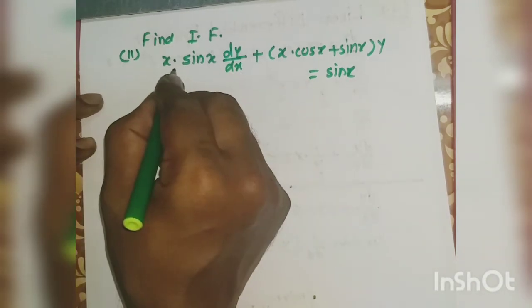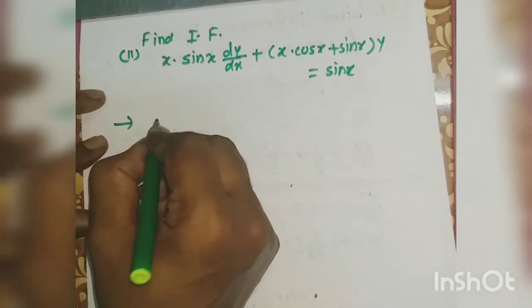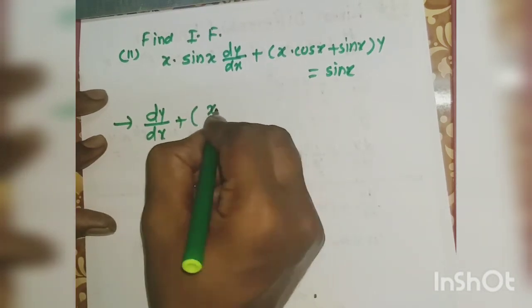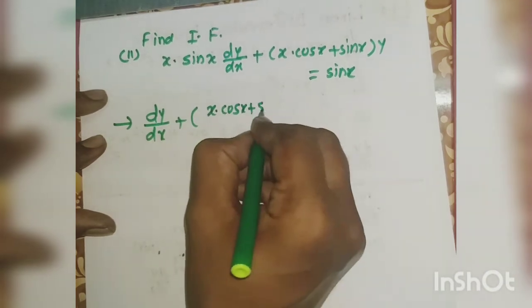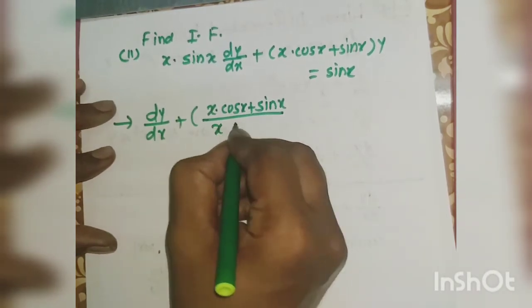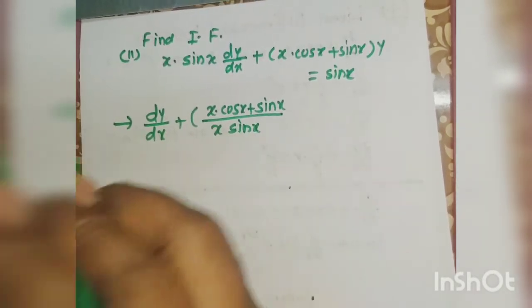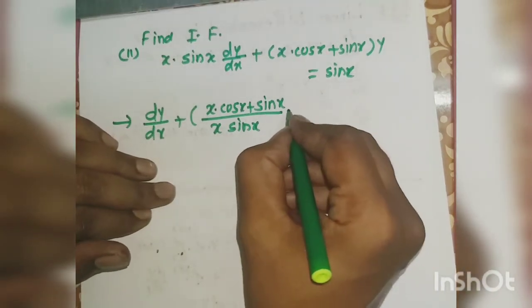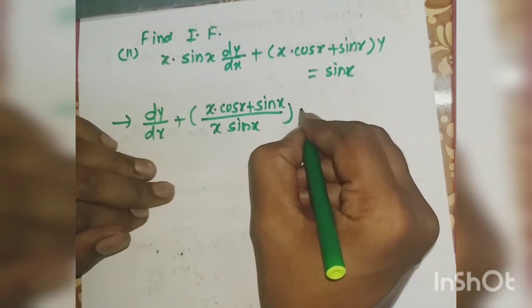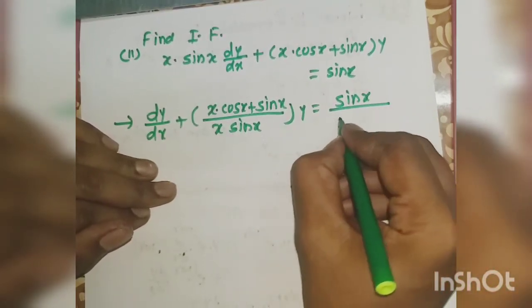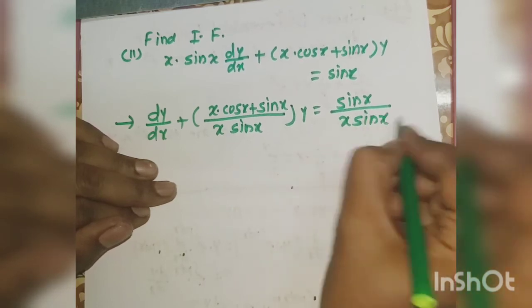Now this equation is not in the form of a linear differential equation, but we convert it into linear form by dividing both sides by x into sin x. Then we get dy by dx plus (x cos x plus sin x) divided by x into sin x, into y, is equal to sin x divided by x into sin x.